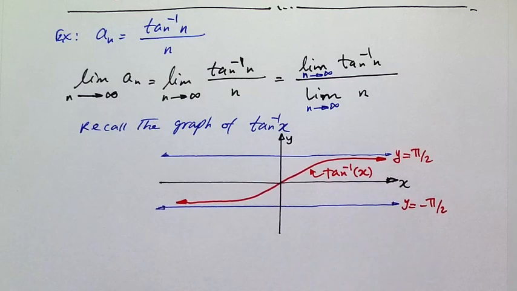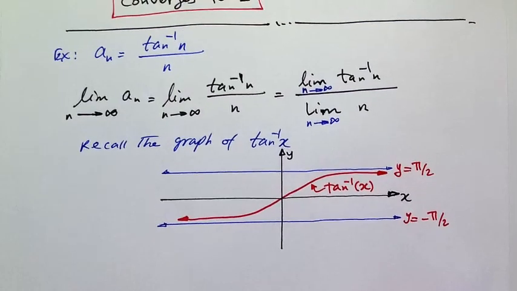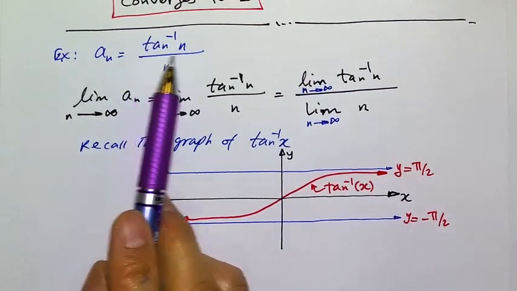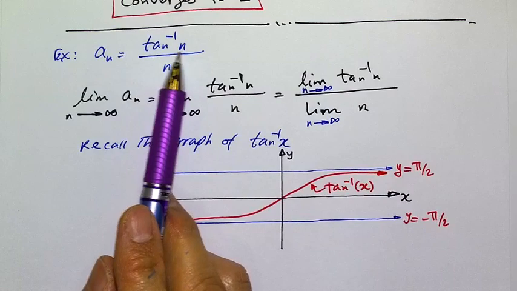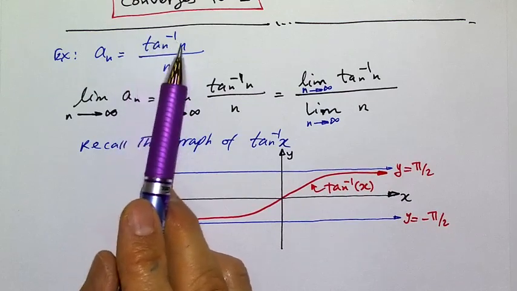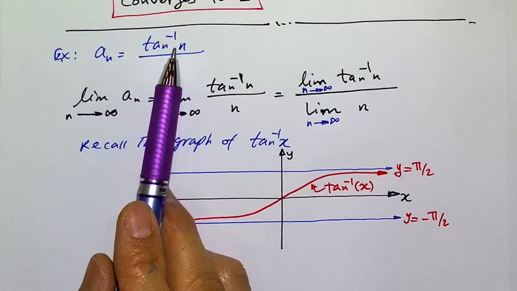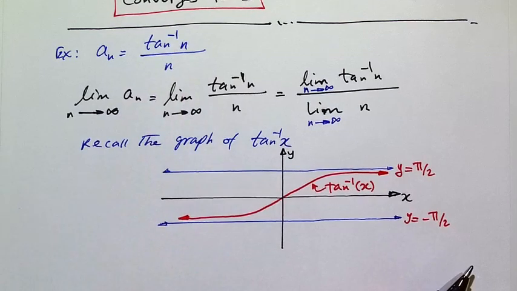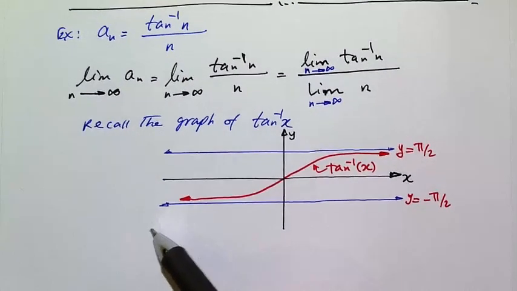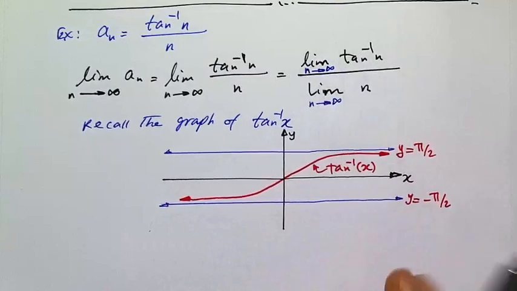Okay, so we can make use of that. So this numerator then, as n goes to infinity, this numerator approaches pi over 2. Right, so I'm just going to start from here, below the graph.